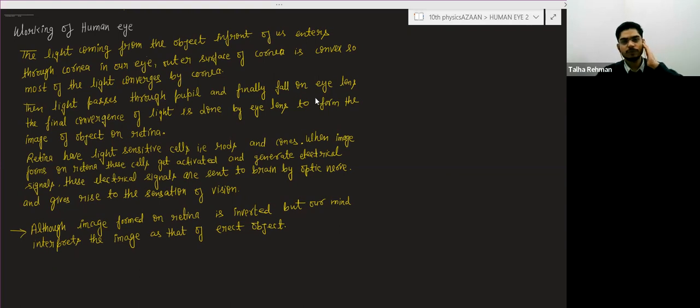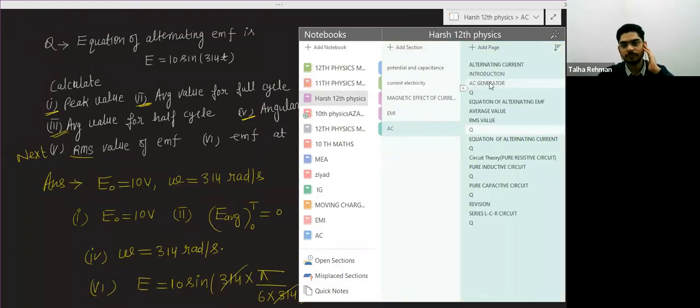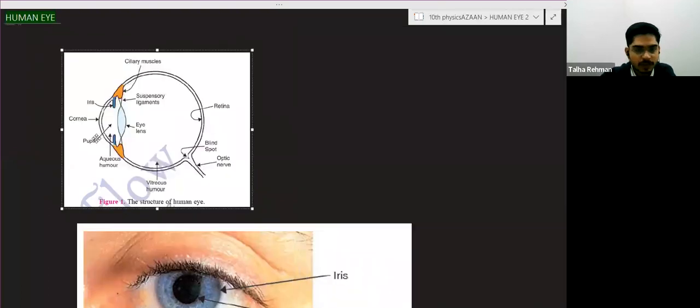This is your cornea, and here is your object. This is the eye. This object is a source of light.